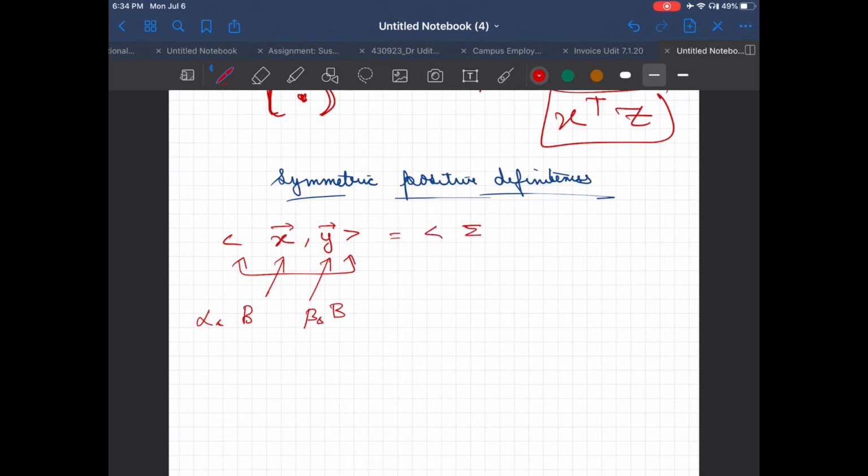So what we can do, we can write x, if it is in R^n, having a dimension of n, as the sum from i equal to 1 to n of alpha_i b_i.